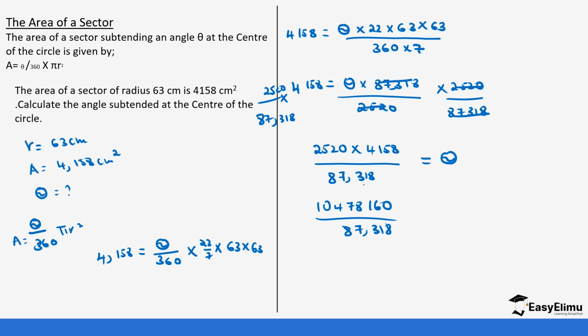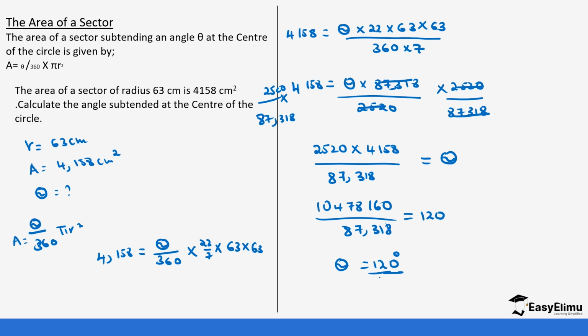When you divide, you get 120. So our angle is 120. The key thing to note here is to be very careful with the calculation, that is the division and multiplication, so that you do not make any error. And your final answer, remember, is supposed to be an angle.